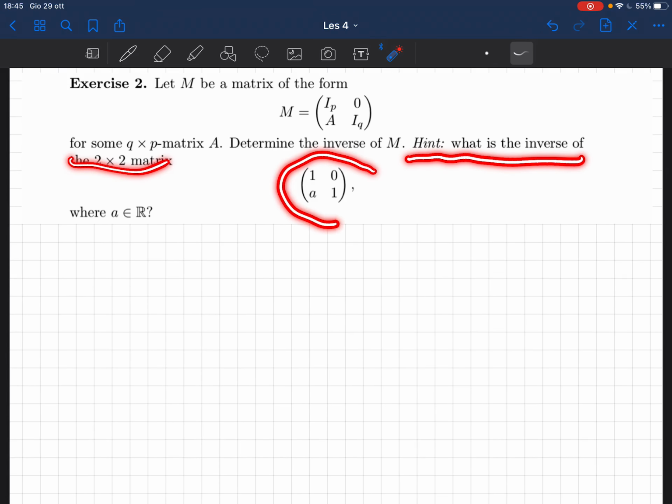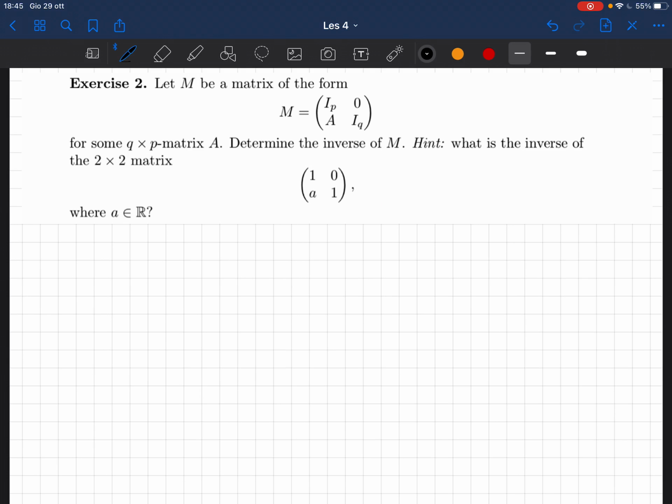So let's compute the inverse of this matrix. How do you compute this inverse? Well, let's just try and compute it with the method that we used before. And it's kind of easy, fortunately, here, because we have to just remove the A.